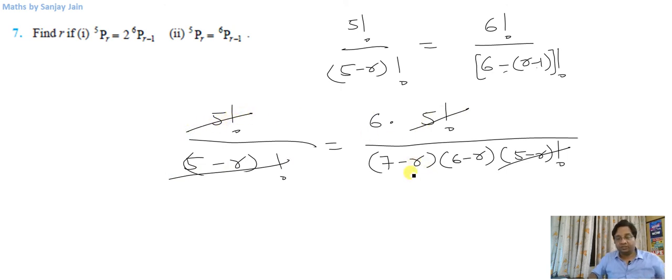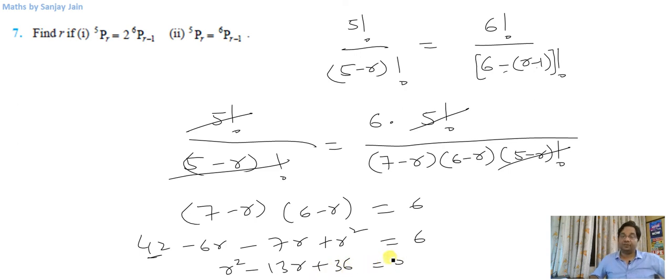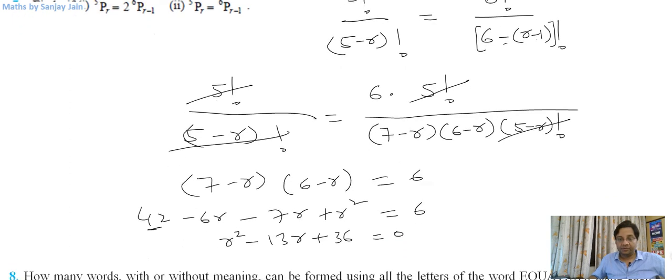So this is a similar question, right? This is the quadratic that you need to solve now, which is 42 minus 6r minus 7r plus r squared equals 6, and the quadratic is r squared minus 13r plus, 42 minus 6, that is 36, equals 0. 9 and 4, so I can write it as r squared minus 9r minus 4r plus 36 equals 0.